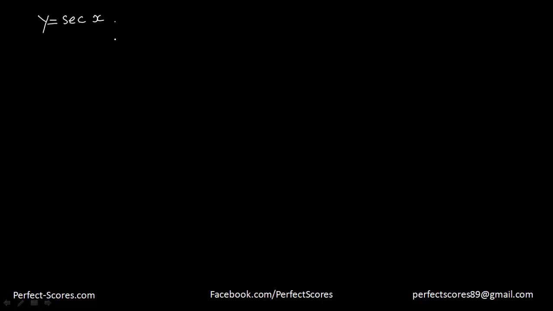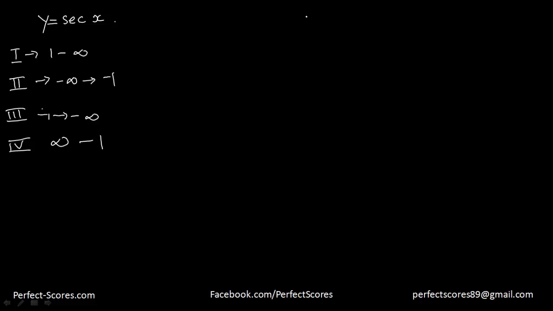Now again, if I find out the function of secant of x in the first quadrant, it's going to go from 1 till infinity. In the second quadrant, it's going to go from negative infinity till negative 1. In the third quadrant, it's going to go from negative 1 all the way till negative infinity, and in the fourth quadrant, it's going to go from infinity till 1.